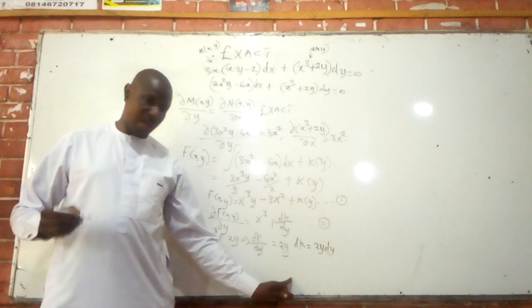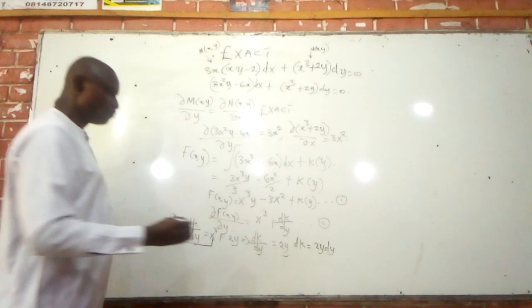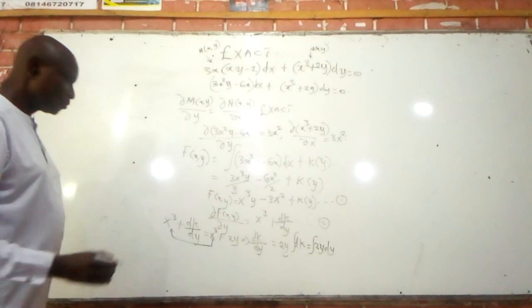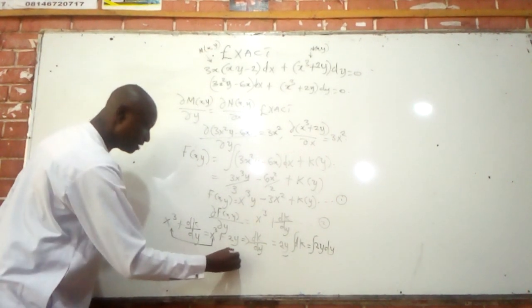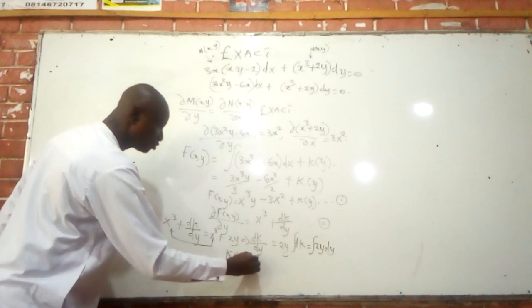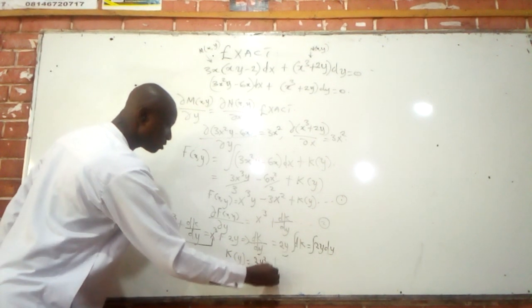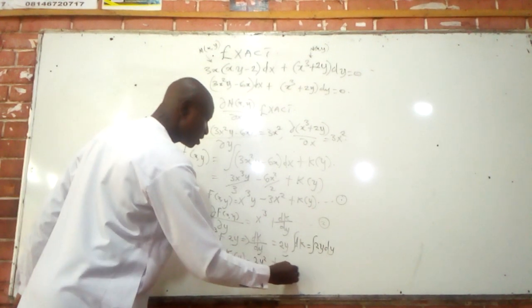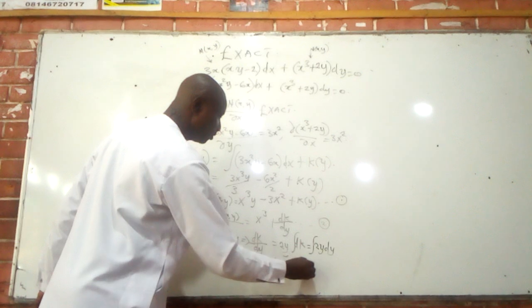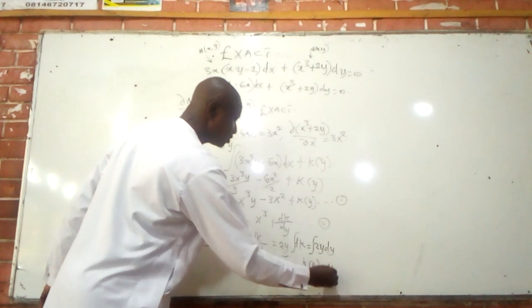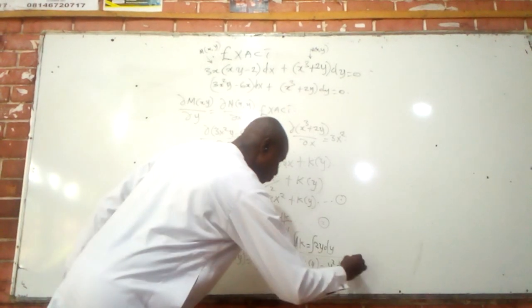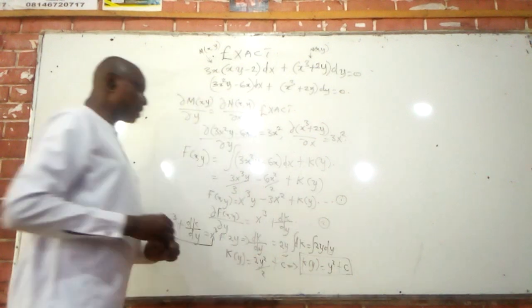When the variables are collected, we integrate dk and integrate 2y dy to finally get the constant k, a function of y, equal to 2y²/2 plus c. Progressively, this gives us k(y) equal to y² plus arbitrary c. We are done, because this was the k function of y that we were searching for.